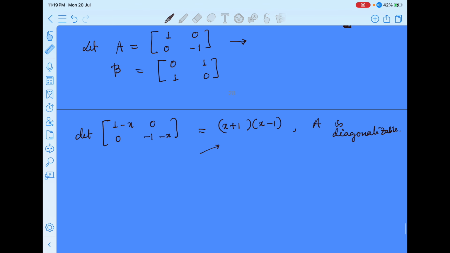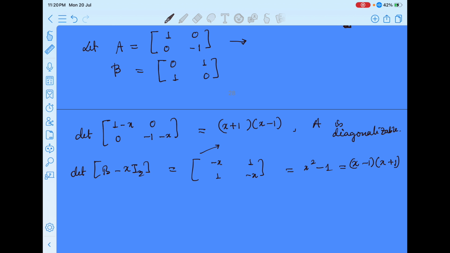Similarly, for B, if you find the determinant of B minus xI2, this will give you [-x 1; 1 -x], which is x squared minus 1, which is (x-1)(x+1). Same thing.